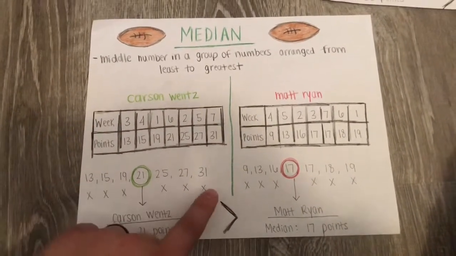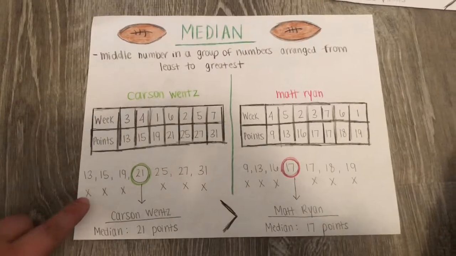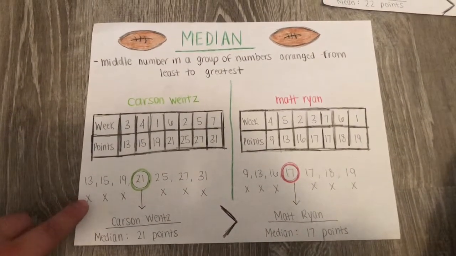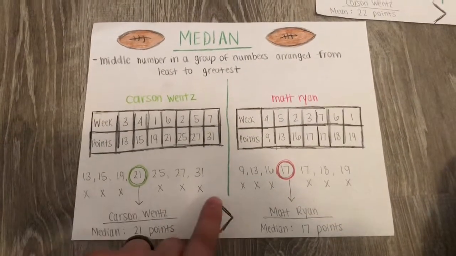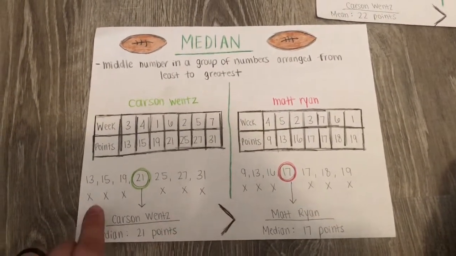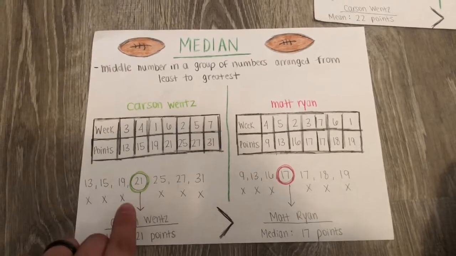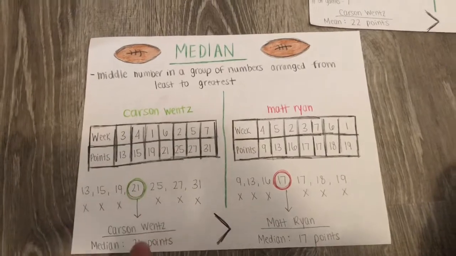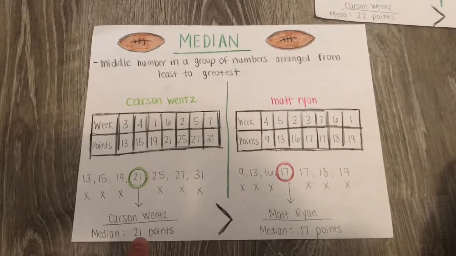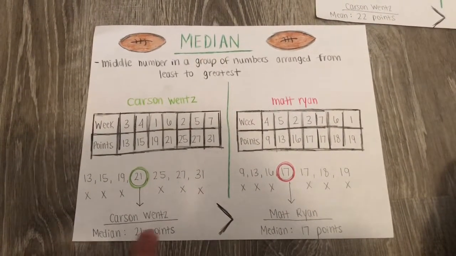I have them listed from least to greatest, and all I needed to do was figure out what the middle number was. Now, I like to use the cross-off method. So I cross off the 13, then the 31, the 15, then the 27, the 19, and then the 25 to find the middle number of 21, which would be the median score, so the middle number of his data set.